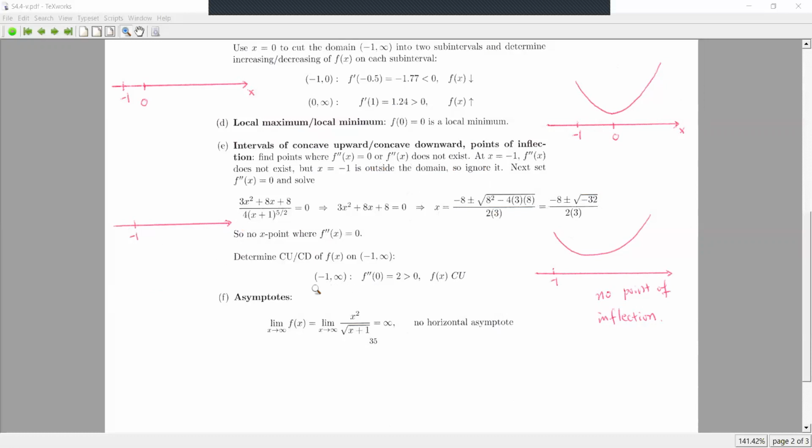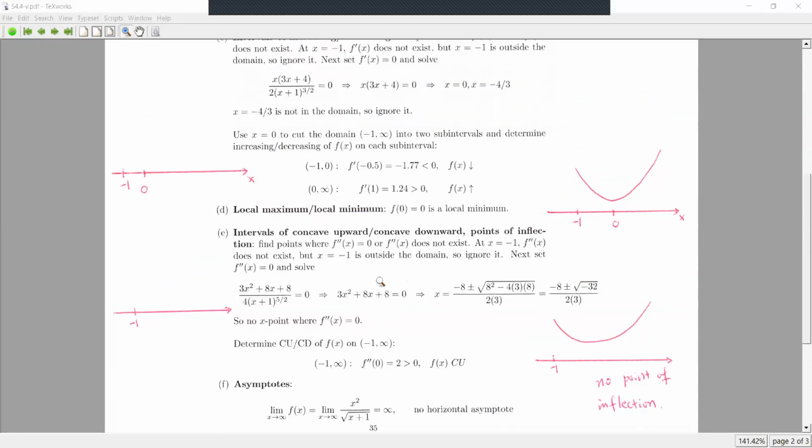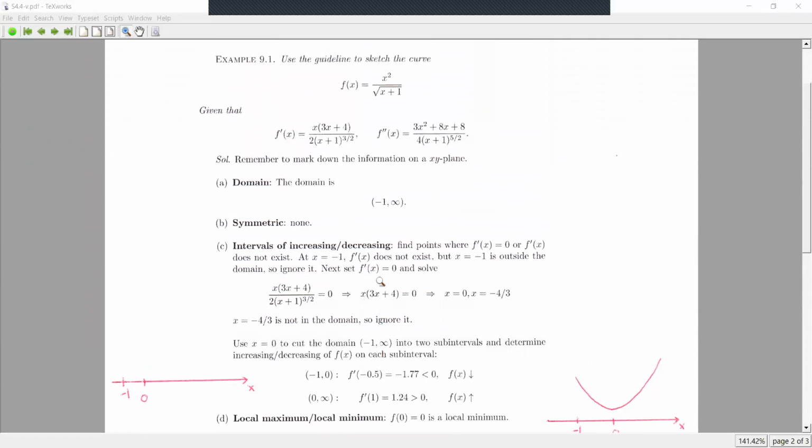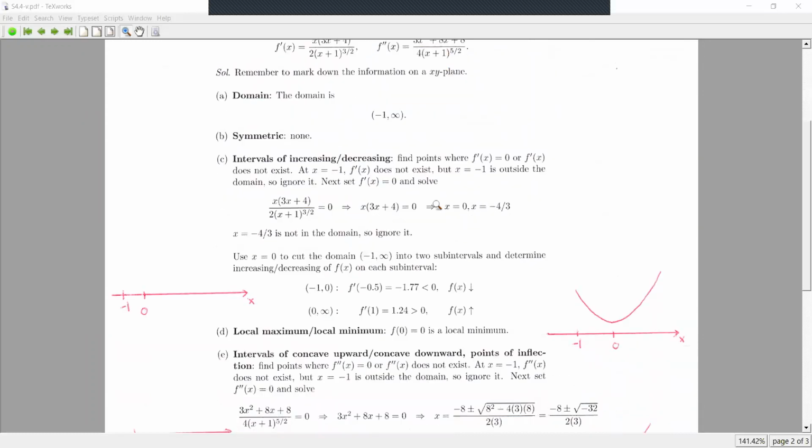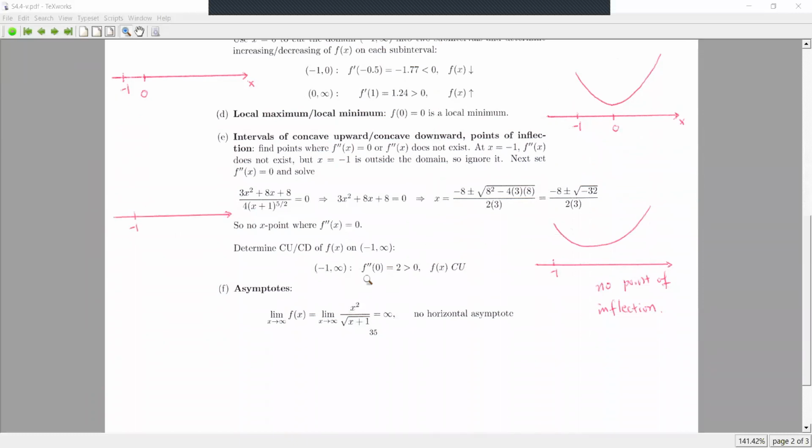Now let me determine the sign of the second derivative on this interval. Arbitrarily pick a point, say pick 0 and evaluate the second derivative at 0. Now I plug in 0 in x. I get 2, positive. On this interval, the second derivative is positive.